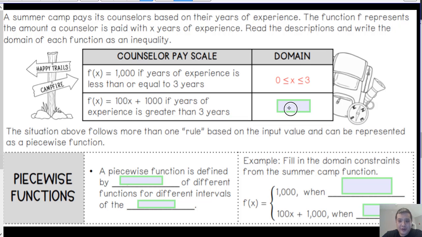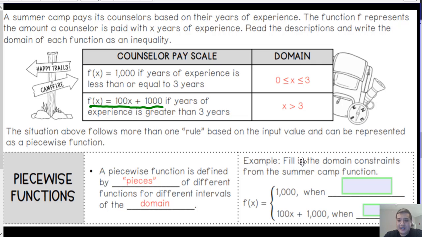So when x is greater than 3, they go by this formula right here. This is called a piecewise function because depending on what x is, the equation is different. So a piecewise function is defined by pieces of different functions for different intervals of the domain.